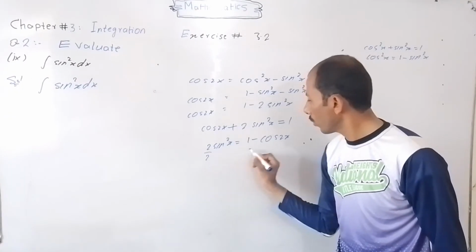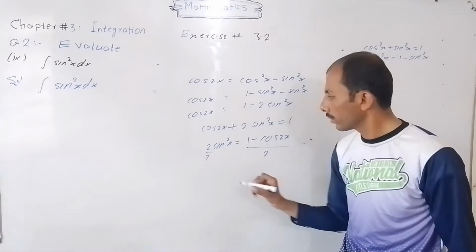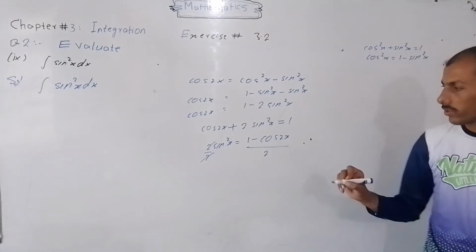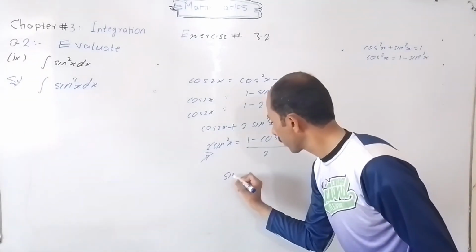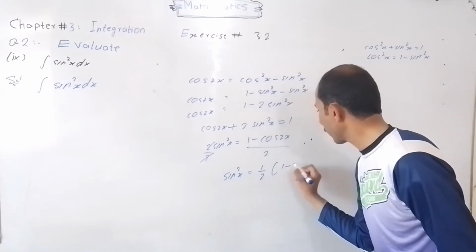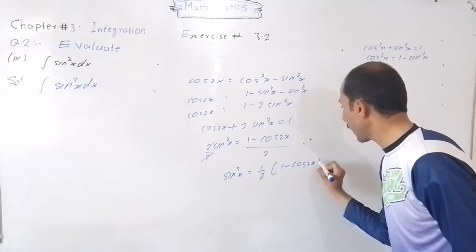Dividing by 2 on both sides, 2 cancels. So sine square x is equal to 1 divided by 2 into 1 minus cos 2x.